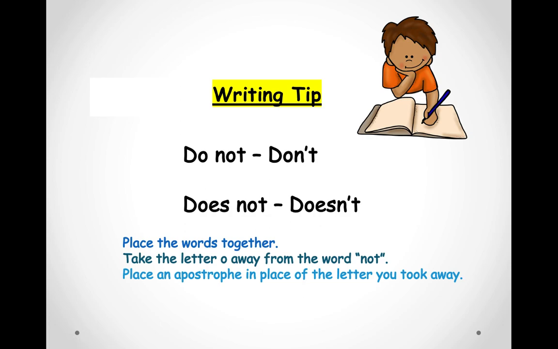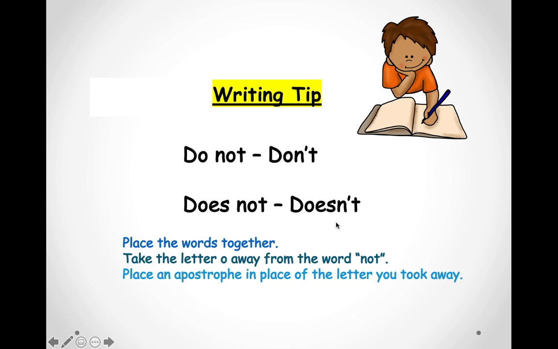So when you have the word do not or does not, did you know that you could put the words together to make a shorter word to make it easier for you? So for the word do not, it is the same as don't. For the word does not, it is the same as doesn't.